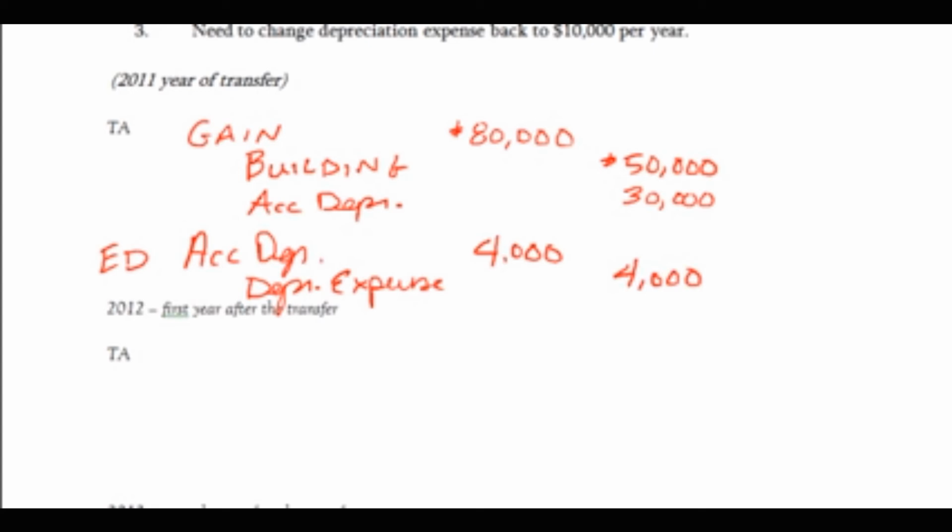One of the nice things about that second entry, ED, is that entry will be the same every year going forward for as long as they are depreciating this building.